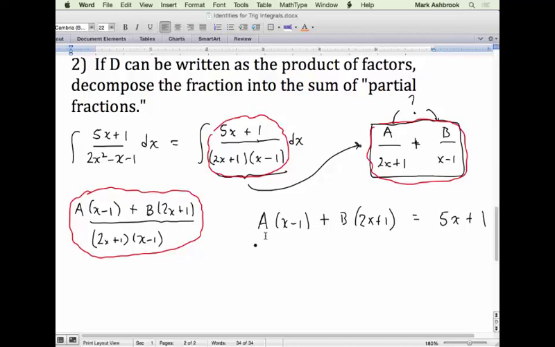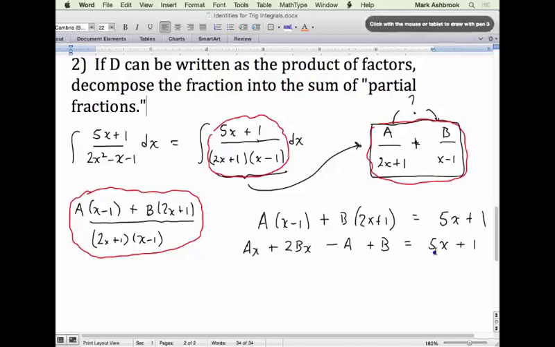So when I multiply everything out, I'm going to have ax plus 2bx minus a plus b equals 5x plus 1. So we just do this one coefficient at a time. What's the coefficient of x? 5 is going to be the same as a plus 2b.